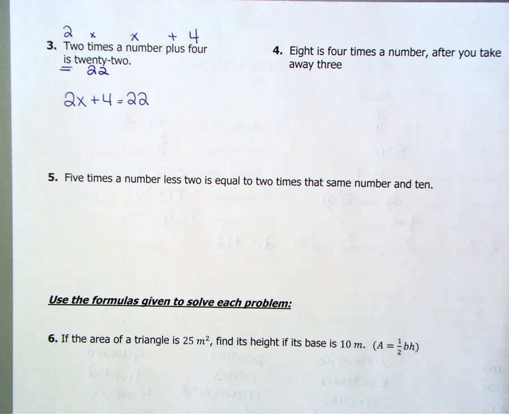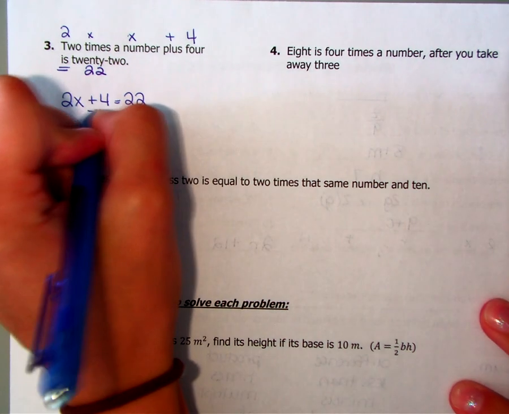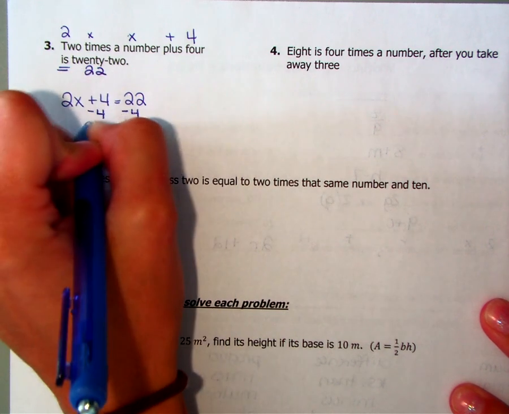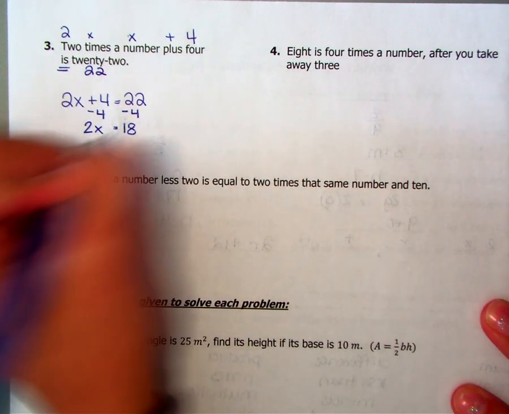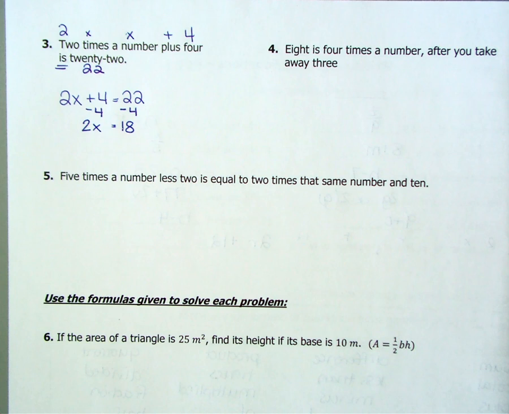All right, so we've got to get rid of the 4 first. We'll subtract 4 from both sides. And then what? Divide by 2.